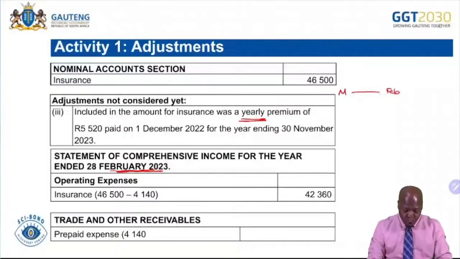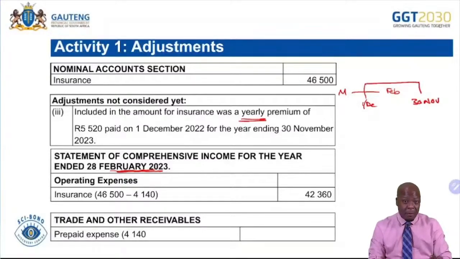We are then told that there is an annual premium which is paid on the 1st of December. So we're coming here now on the 1st of December. If it's being paid on the 1st of December and it ends on the 30th of November, very important there. All right.